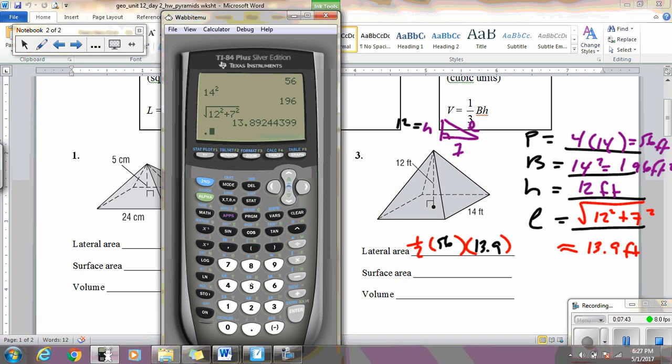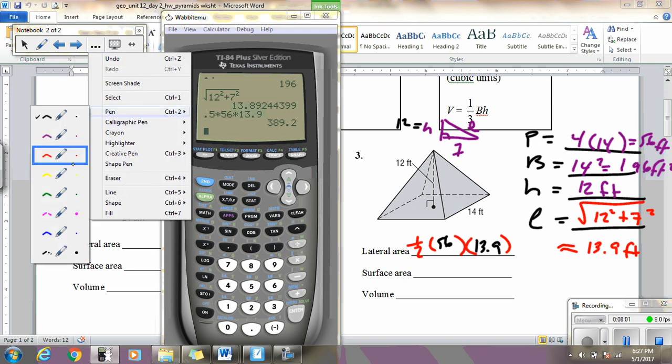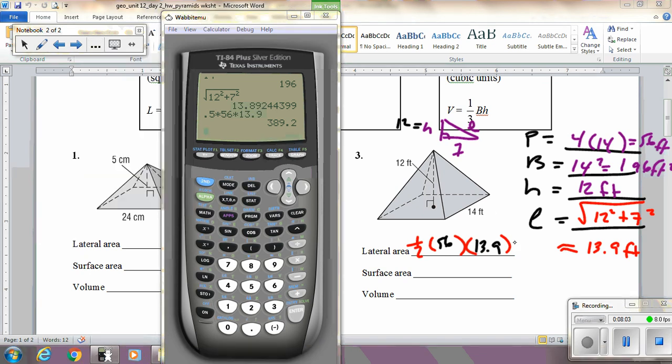So 0.5 times 56 times 13.9. And that's about 389.2 feet squared.